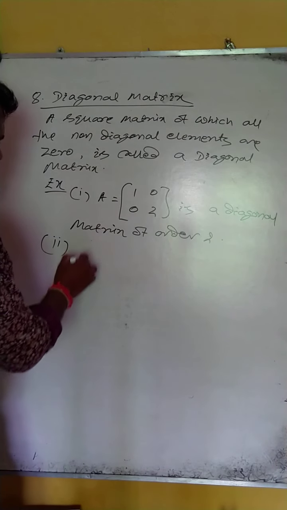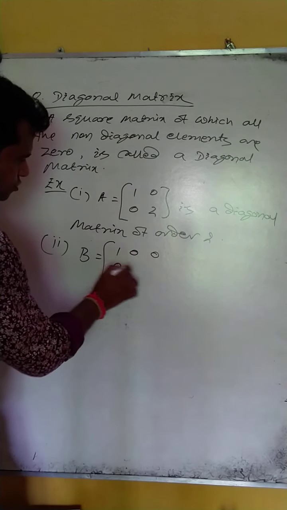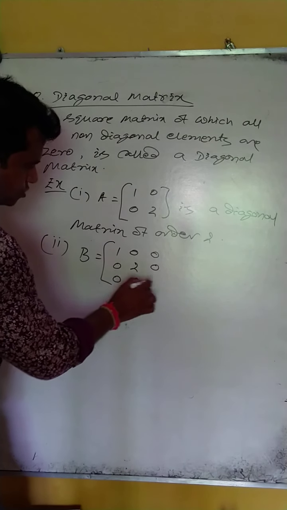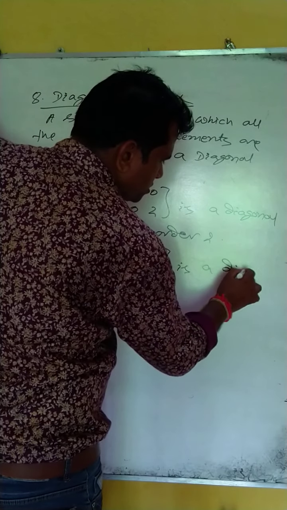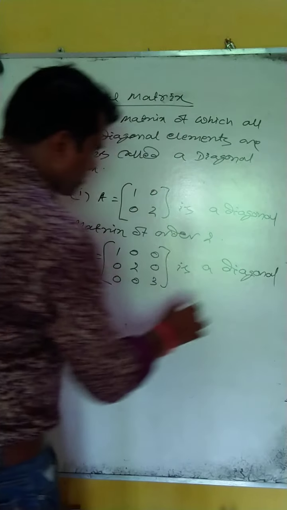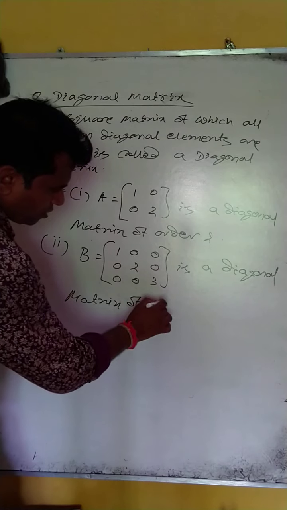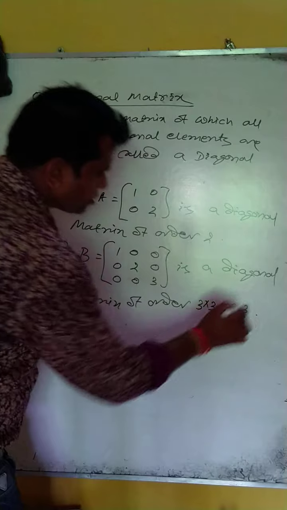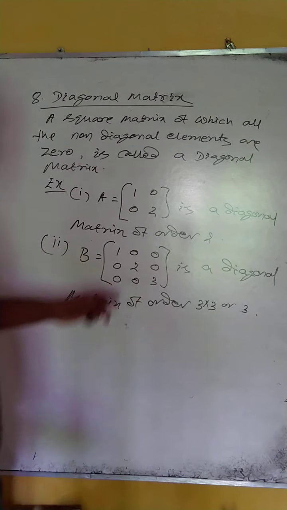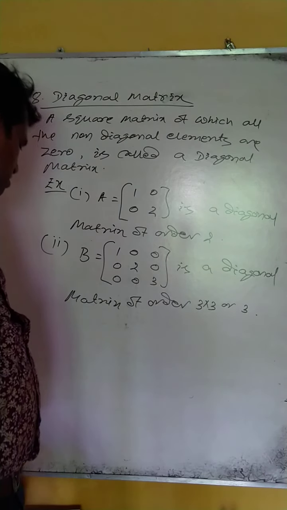Similarly, B is equal to 1 0 0 0 2 0 0 0 3 is a diagonal matrix of order 3 cross 3, or 3. It has 3 rows and 3 columns. Diagonal matrix of order 3.